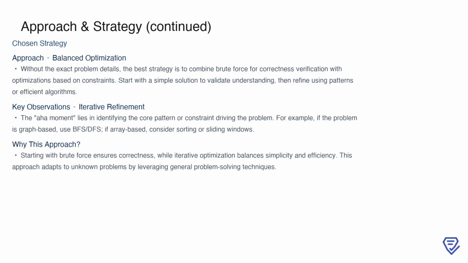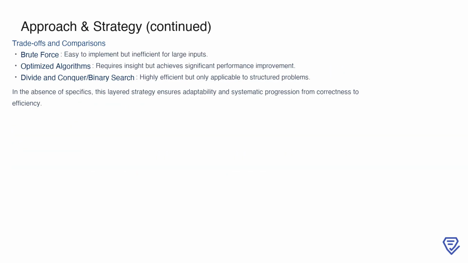For instance, if the problem involves graphs, techniques like BFS or DFS can be applied, while array-based problems might benefit from strategies like sorting or sliding windows. This balanced approach is adaptable to various problem types, allowing us to progressively optimize without losing sight of the problem's requirements. Each approach has its trade-offs, and understanding these is vital when designing a solution.